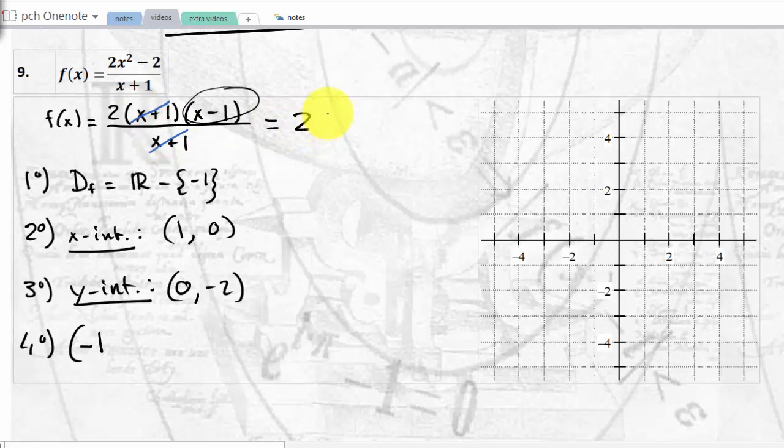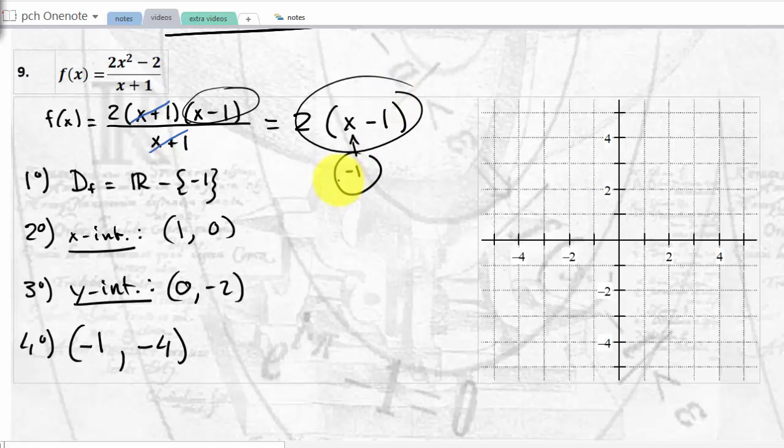After you cancel, you have 2 times x minus 1. To find the y coordinate of the hole, you just plug in the x coordinate right here, right? So -1 minus 1 is -2 times 2, -4. Okay, I just plug in the coordinate in the simplified form, right? If you plug in the coordinate in the unsimplified form, it's going to give you 0 over 0. That doesn't make sense, okay?